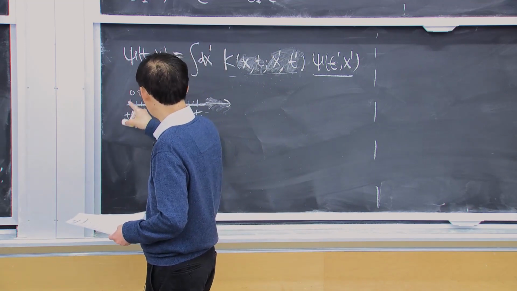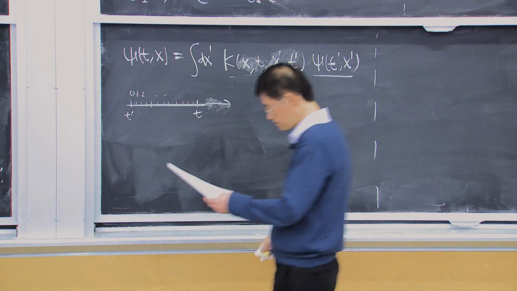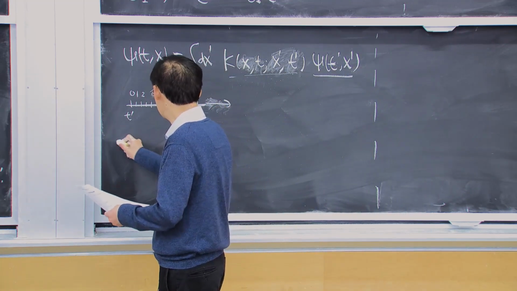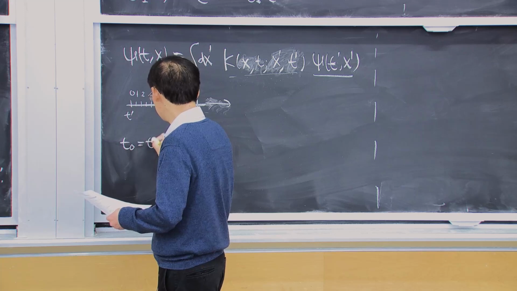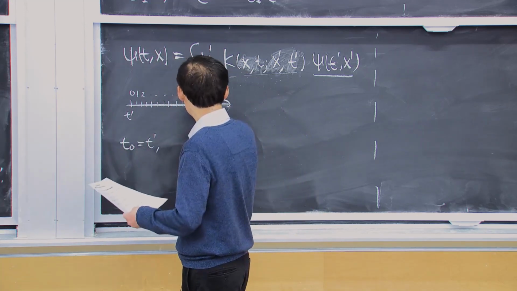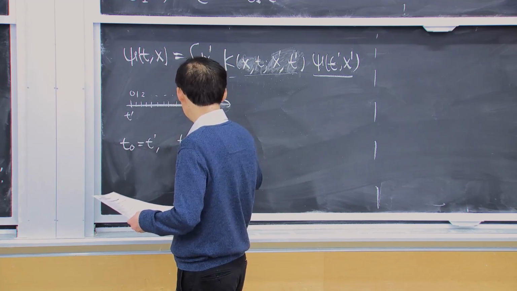We label the points 0, 1, 2, etc. So t0 would be just t prime, and the last point would be n, with tn being t.